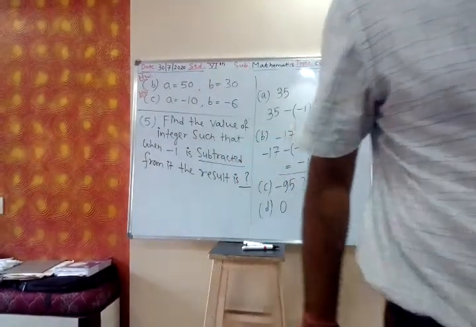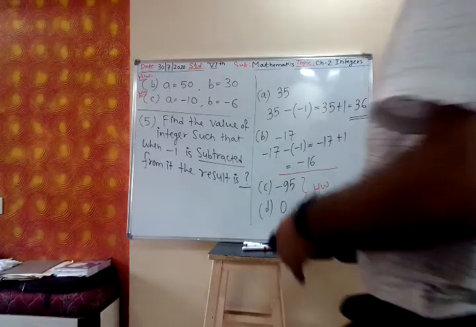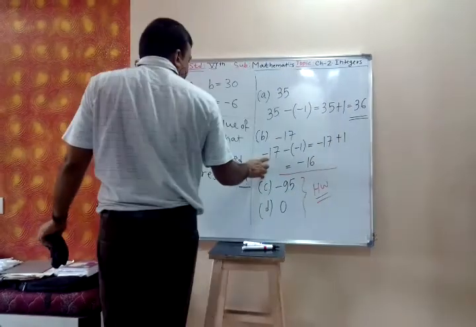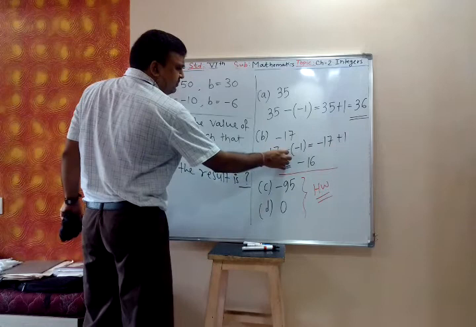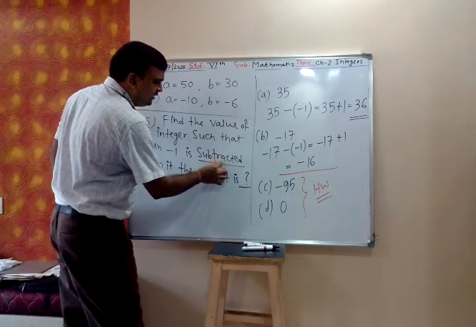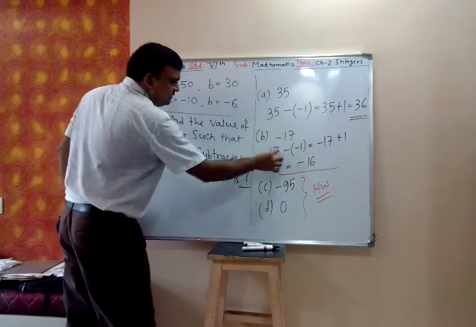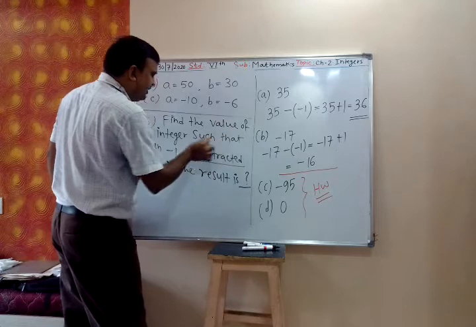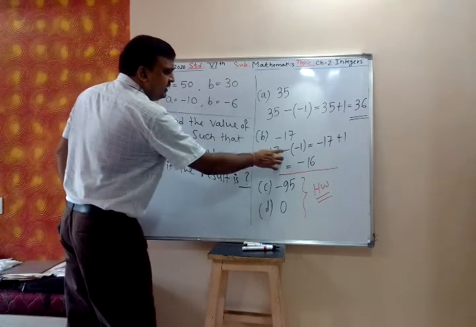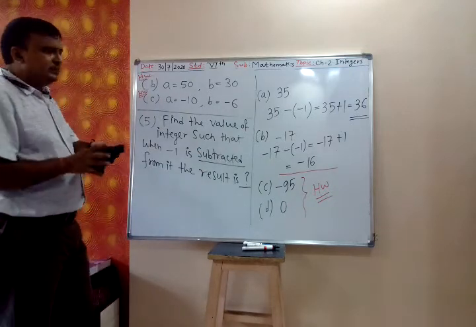C and D I had given as homework only, right? Minus 17 minus minus, subtract means minus. Because of this word subtract there is a minus sign. Which integer? Minus 1. So minus 17 minus minus 1, minus minus become plus.